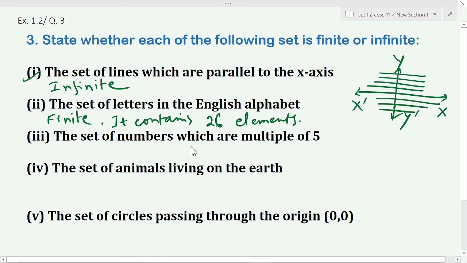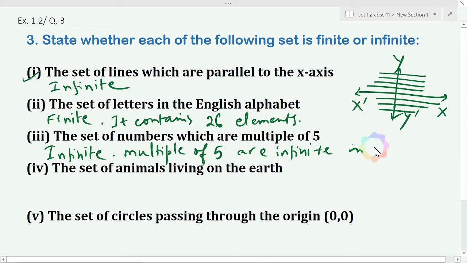The set of numbers which are multiples of 5 are infinite in number. So it is infinite because multiples of 5 are infinite in number.